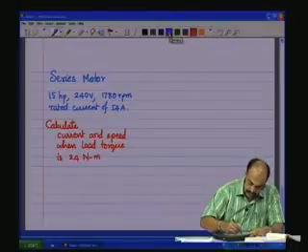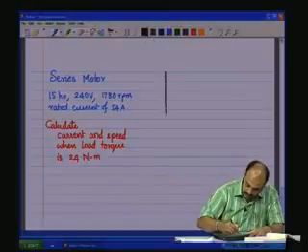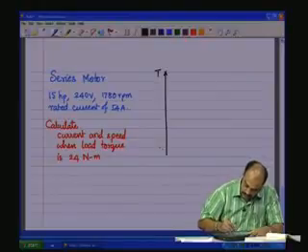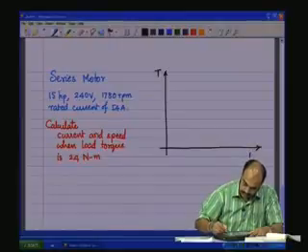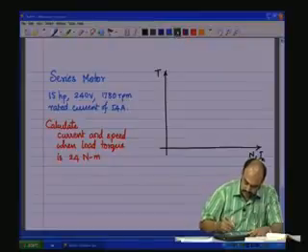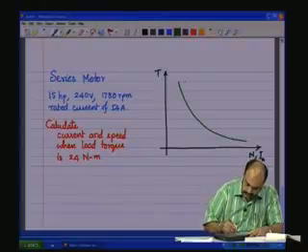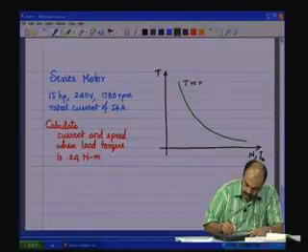which looks like this. This is torque, and on the x axis you have the speed n and also the IA. So, the torque speed curve, this is torque versus speed.